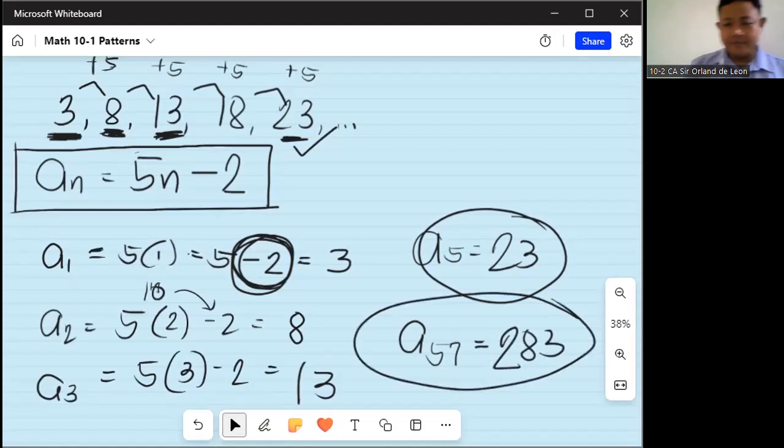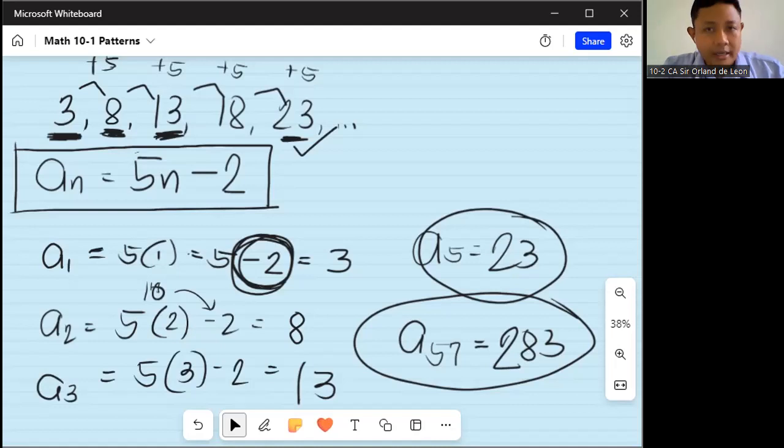Is that clear? Show me a reaction if finding the explicit form is okay to you. Very good. Okay, nice. So again, what I taught you is a faster way, a strategy to get the explicit form. Okay, that's just not the only way.